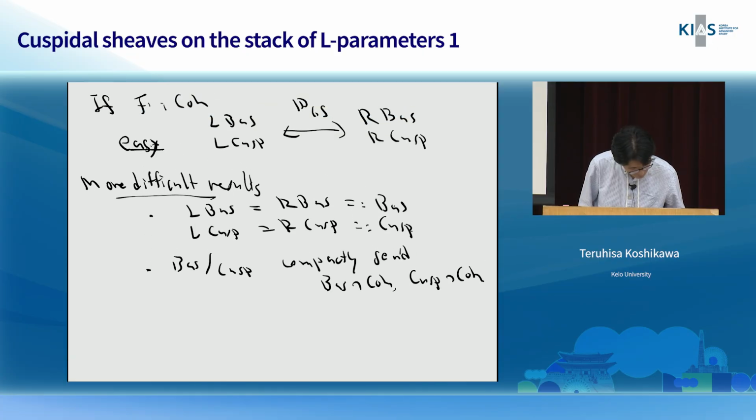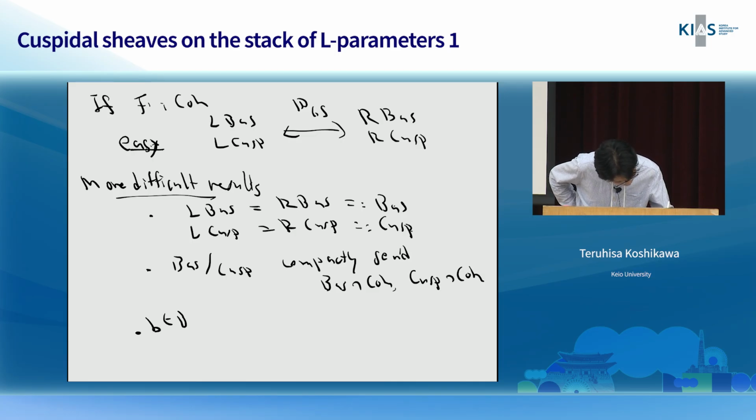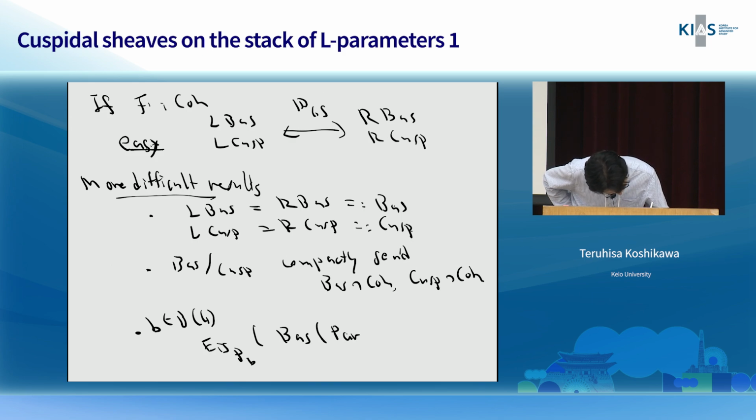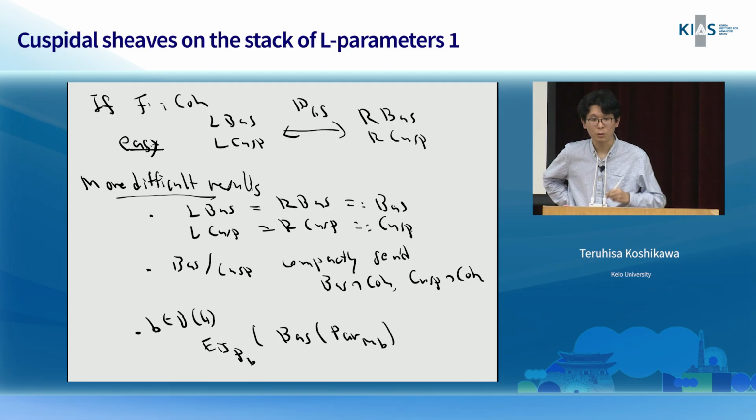Namely, for each B, I'll consider something like an Eisenstein series, I mean the spectral one, and basic sheaves on MB, whose weight is correct.